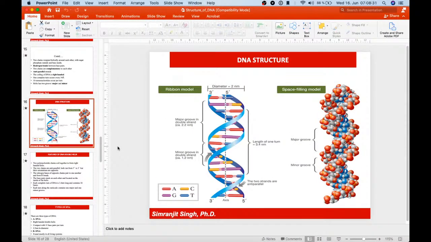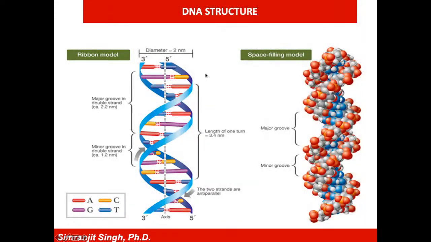So, good morning, students. Yesterday, we were done with the DNA structure, and we have discovered the basics of DNA, how the nucleotides and nucleic acids all make the DNA structure.